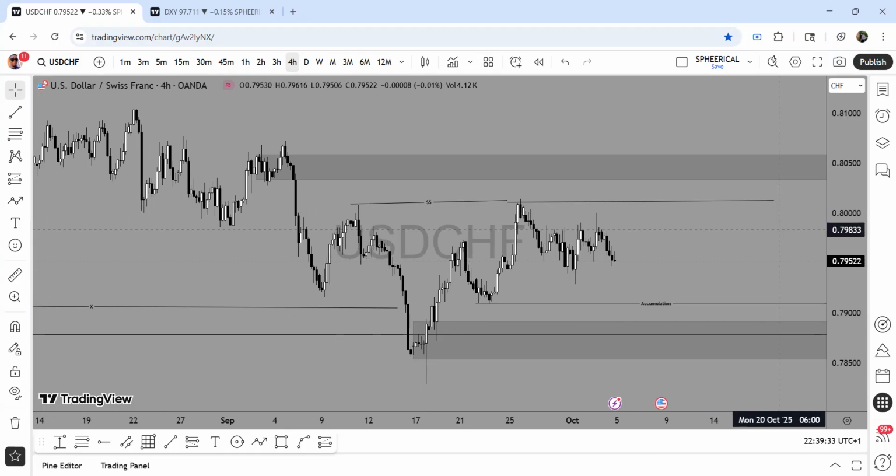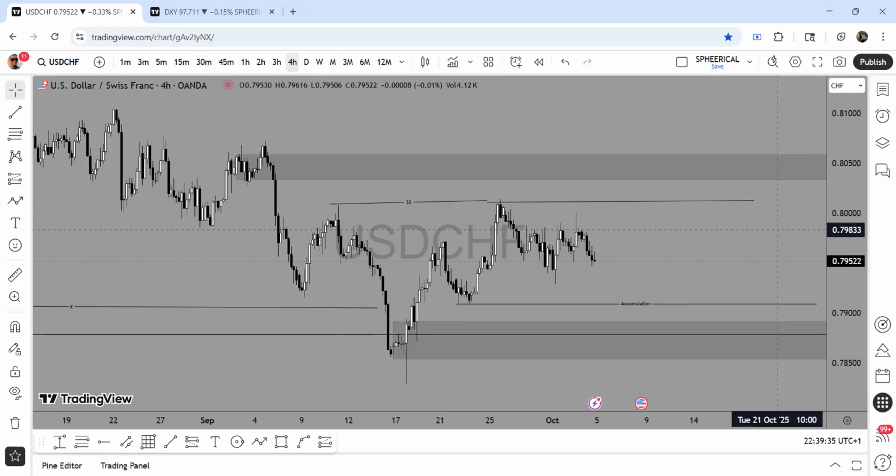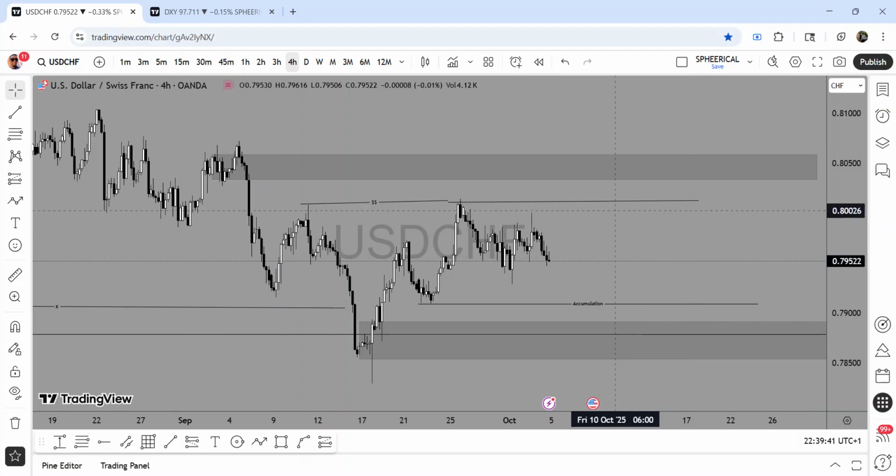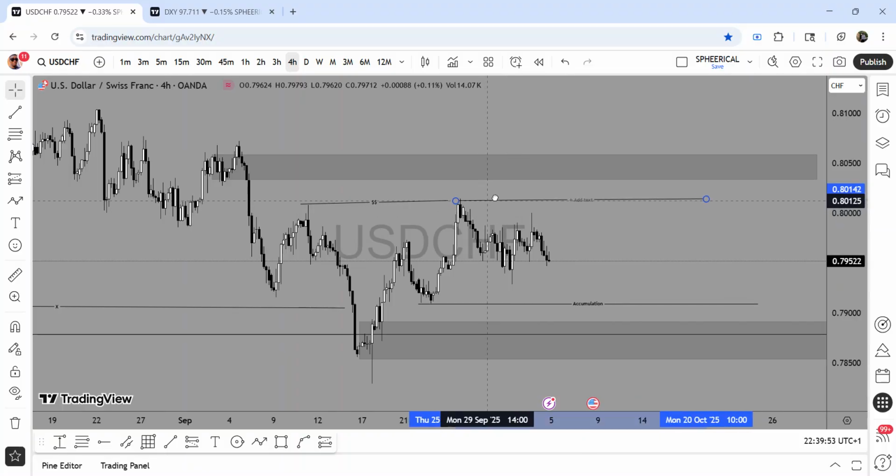So if you can see here, at this point, this is our supply zone, this is our demand zone in the 1 day time frame. This is the accumulation, and you can see that the market is really accumulating at this point.